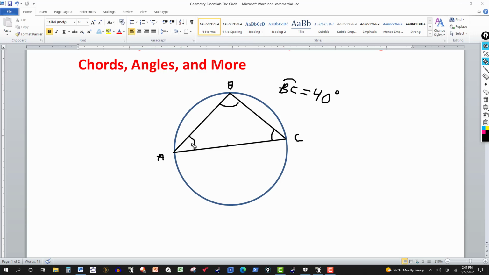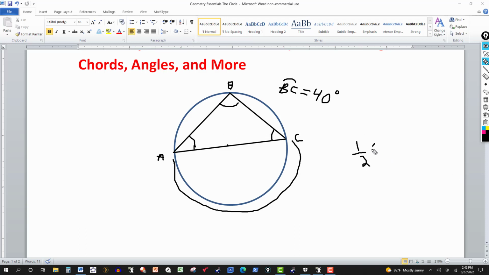This will be using some of the things we just went over. So number one, angle B. Notice it intercepts that arc right there, but that's half the circle, 360, so that should be 180. Since angle B is inscribed, it should be half the arc that it subtends or intercepts.